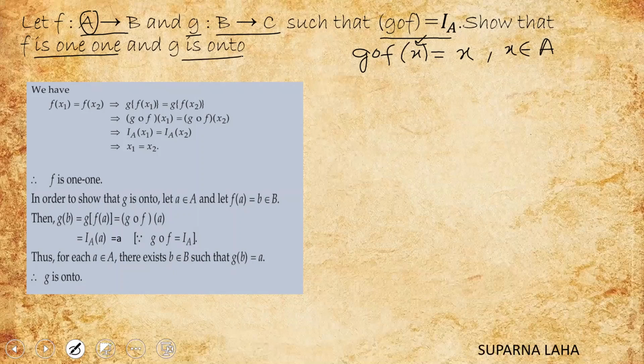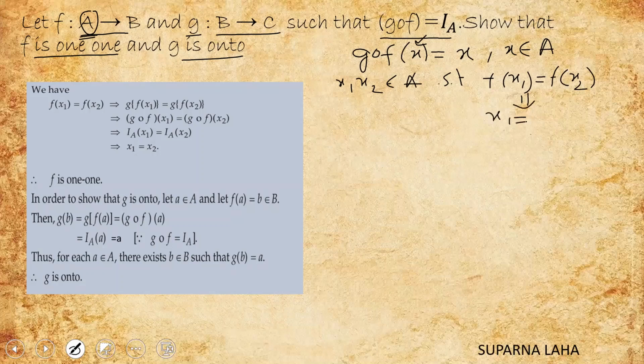So what is a 1-1 function? A 1-1 function is one where, if I choose x1, x2 from the set A, such that f of x1 is equal to f of x2, then it implies that x1 is equal to x2. Then the function is 1-1. So here f of x1 is equal to f of x2.